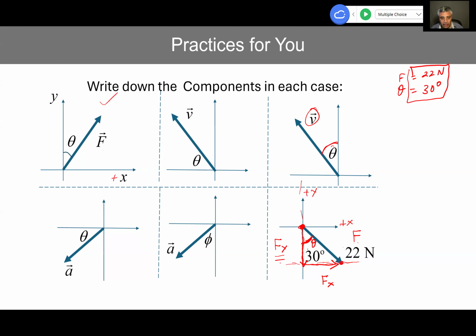The y component means this side here, the one that's pointing down along the y. Is that adjacent or opposite in that triangle? Can you type that? Can you help me there?